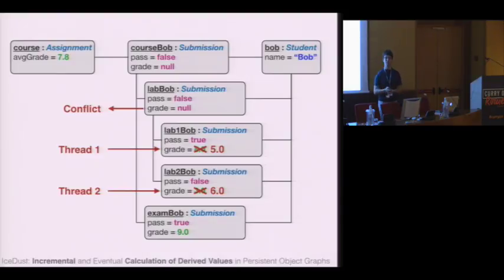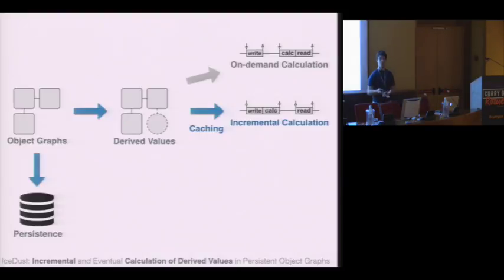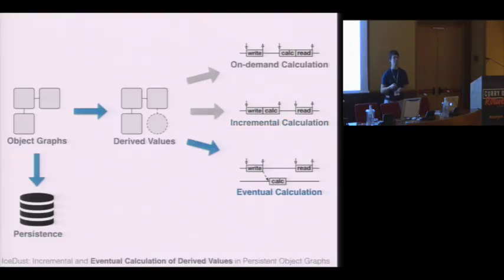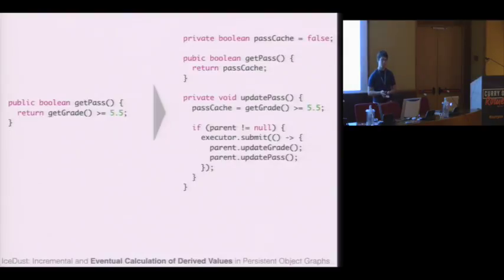And this will result in conflicts. So rather than only using incremental calculation, you would want to use eventual calculation in such a situation. And in this way, you can schedule the updates on a different thread and they won't conflict, but you will get outdated values. Of course, the Java code for this is even worse.